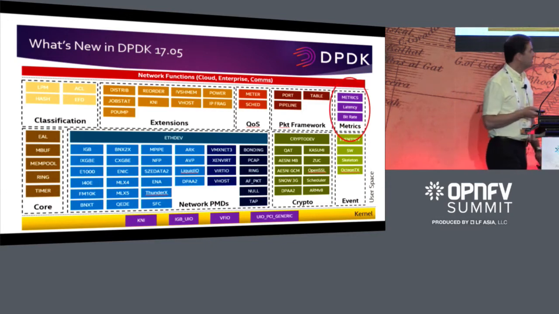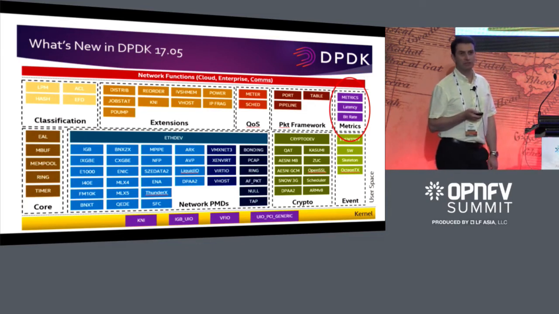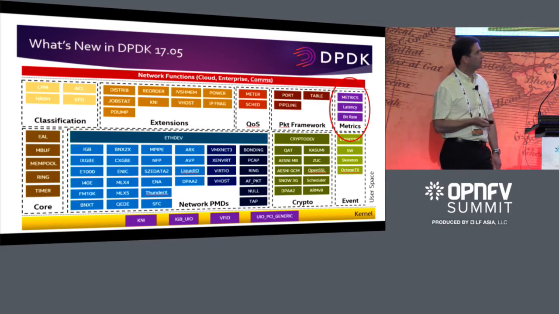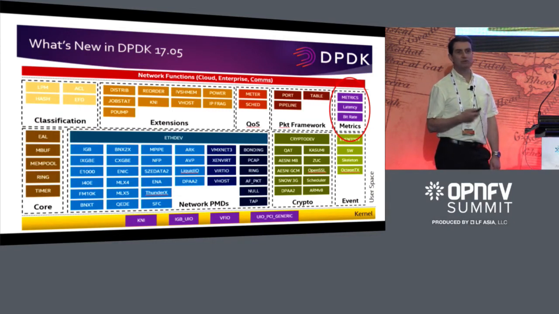And the last area to highlight is in terms of metrics. I mentioned at the very start that one of the areas where there's been a strong engagement between DPDK and OPNFV is in satisfying some of the service assurance requirements coming from the Barometer and Doctor projects. We've done a lot of work over the last number of releases in exposing better statistics and making the collection of those easier.